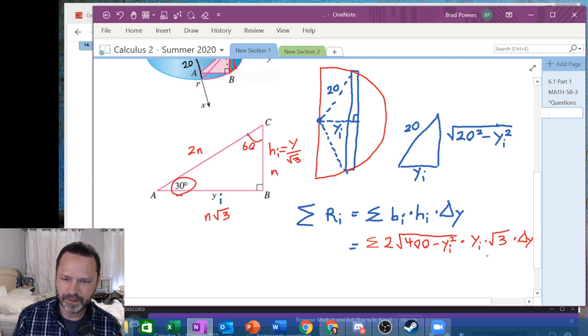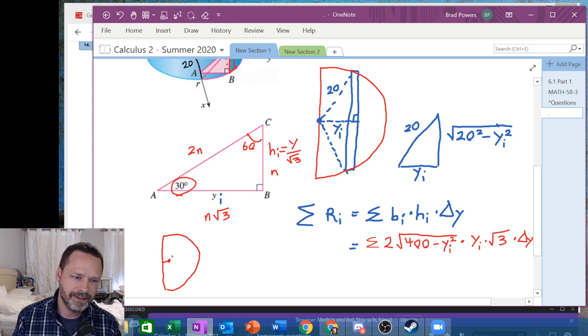This would be, right here, one rectangle, and it depends on my y. So if I had a shorter y, like if it was way down here, I could draw a quick sketch maybe. If I had a really short y right here, then this would be my rectangle, right? This would still be 16. This would still be 16.